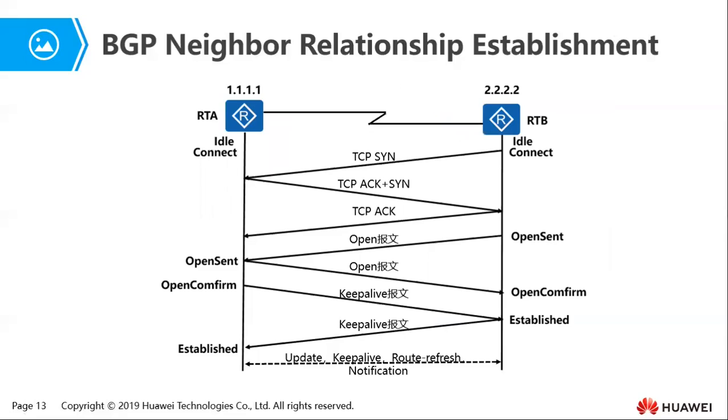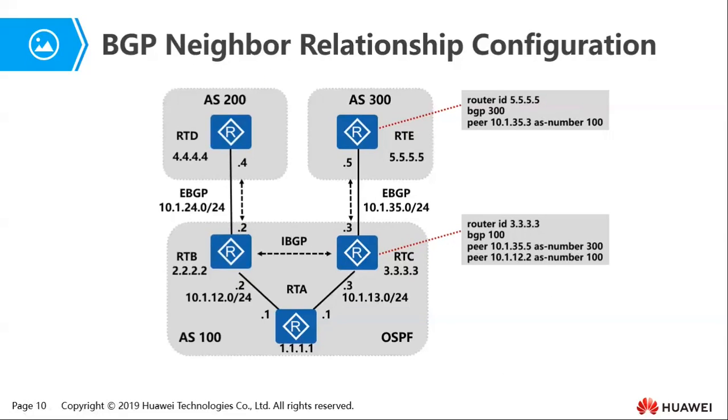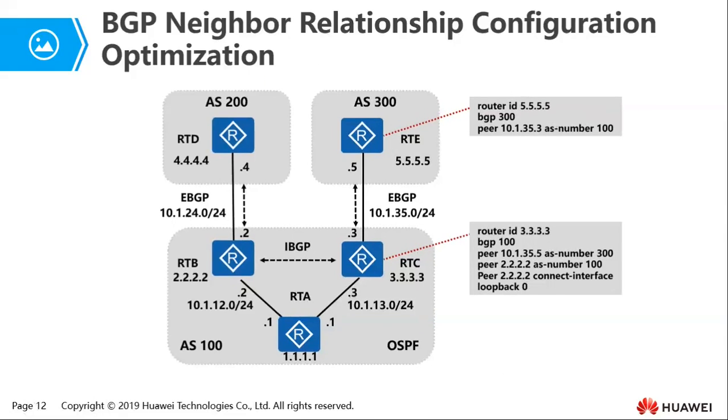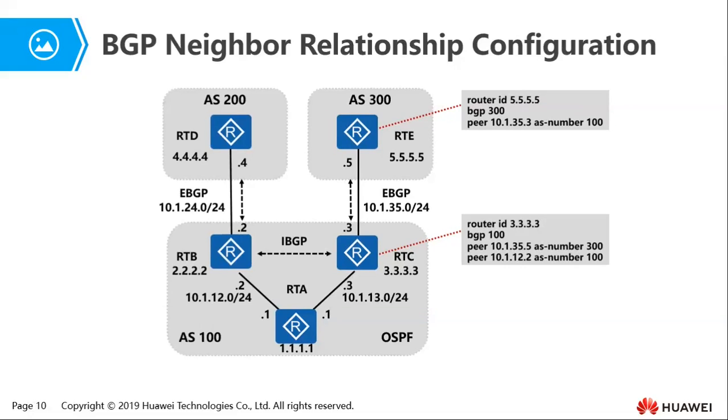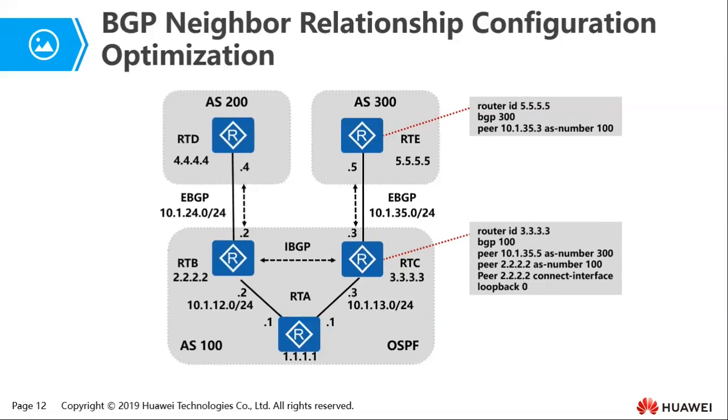Now, most of the time, it is recommended that when you're establishing EBGP neighbor relationships, you establish them through the directly connected physical interfaces on the two routers.